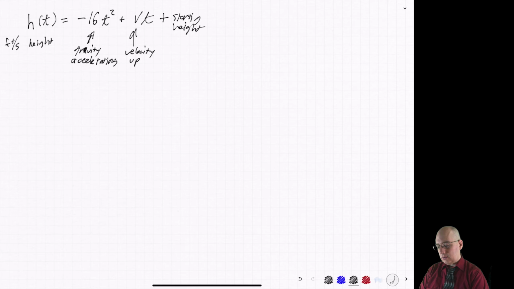And then let's just say k of t is vk times t plus starting position. Okay, and this is velocity in the horizontal direction.